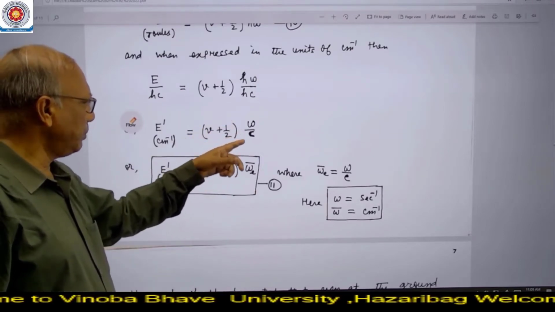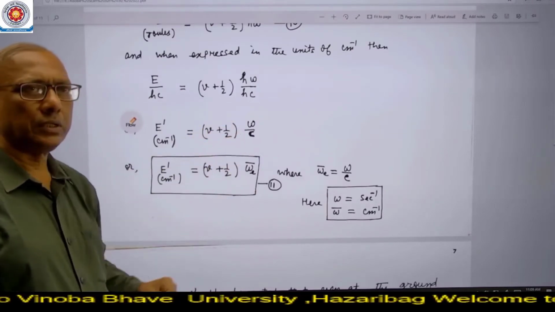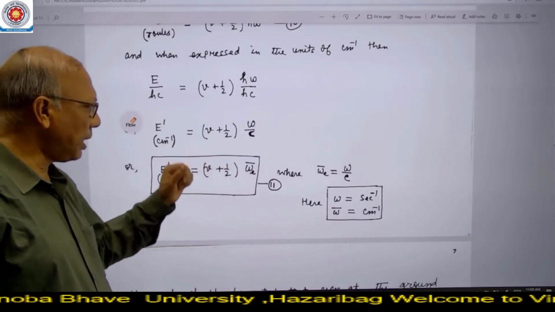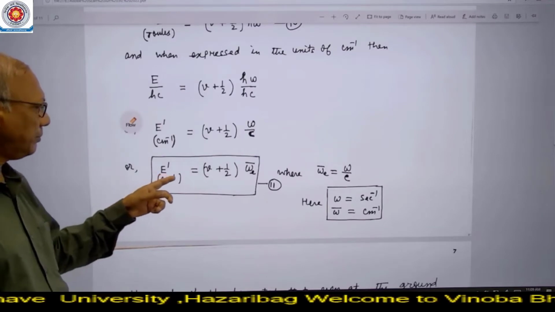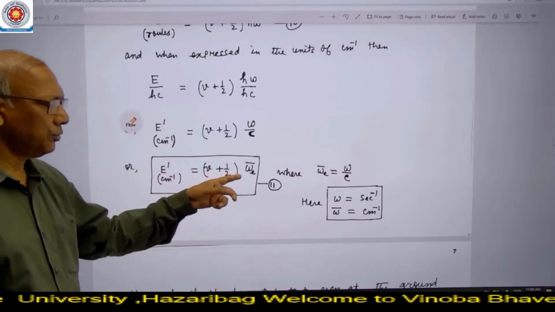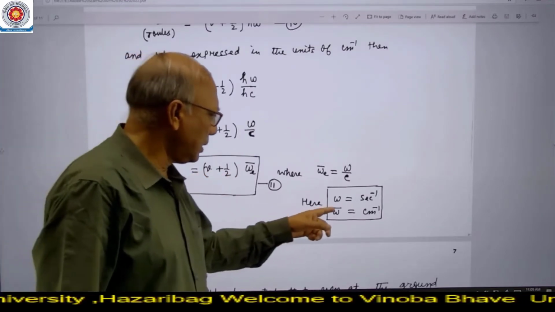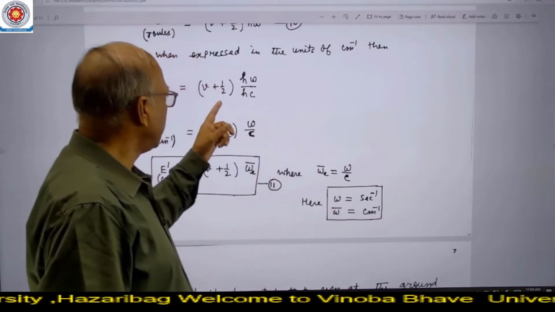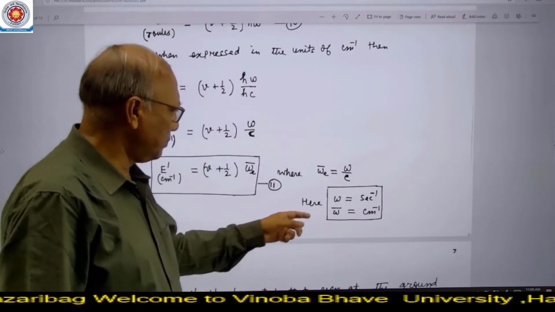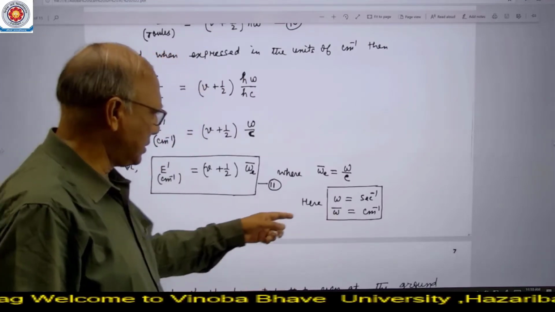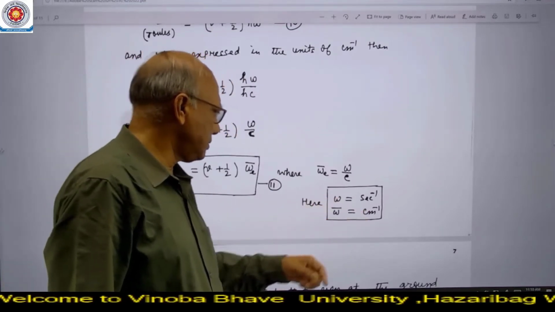When omega by c is represented by omega e bar, then equation 11 is obtained: E prime is equal to (V plus half) omega e bar. Here this omega is in per second, but omega bar is in per centimeter.